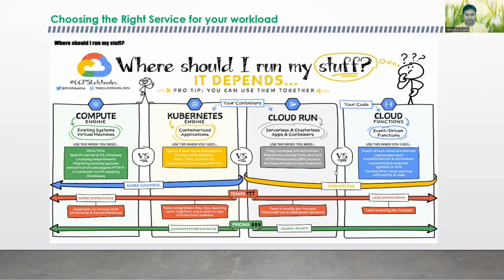Okay. So you can just read through these controls, right? You get more controls when you are working with Kubernetes or compute engine. You are going to have less control when you are working with Cloud Run or Cloud Functions. Okay. Then the operational overhead will be more when you have compute engine or Kubernetes engine.